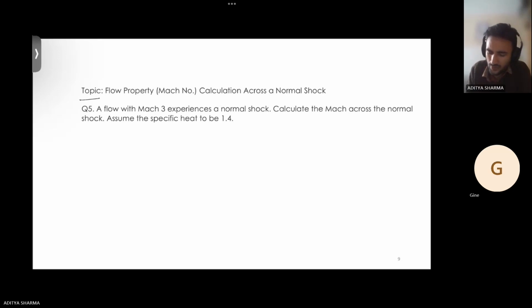The topic is flow property calculation across a normal shock. So the same topic, but some other subdivision of the same topic. A flow with Mach 3 experiences a normal shock.